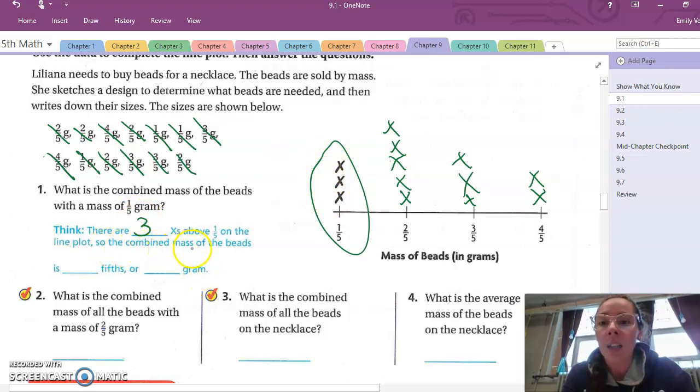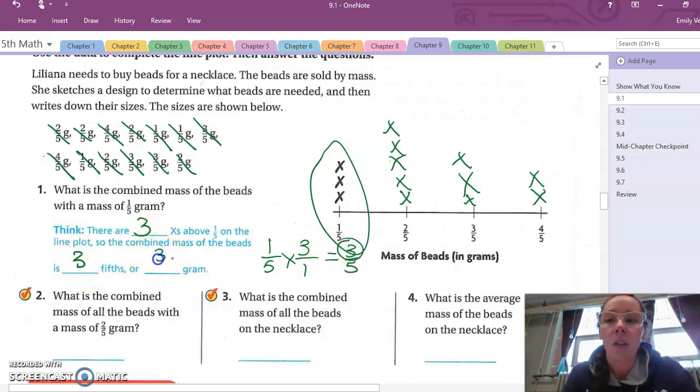So the combined mass of the beads is how many fifths or how much of a gram? In this case, we times the fraction by how many are above it. Put that whole number over 1. 3/5. So there are 3/5 of a gram.